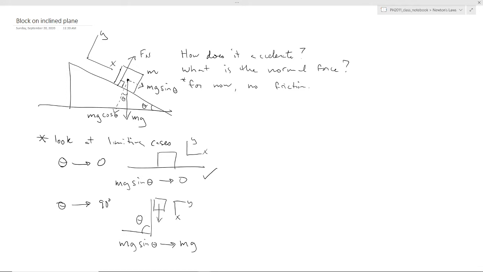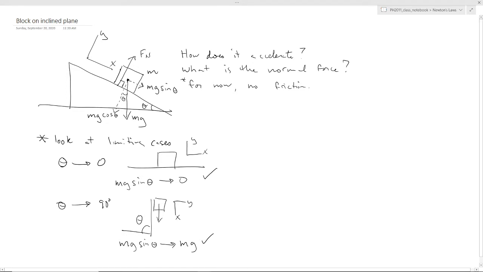And we can do this sort of similar logic with the normal force. So if we're looking at the normal force, for the theta equals 0 case, the normal force better just become the weight. And that happens with cosine theta, because cosine theta, when theta is 0, would give us 1.